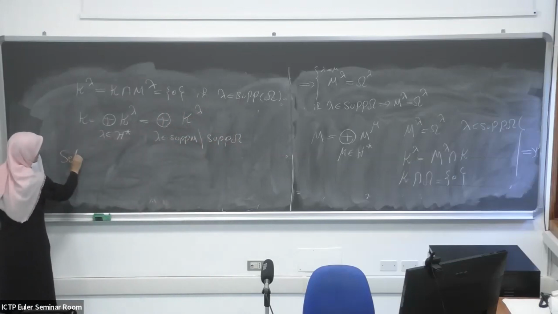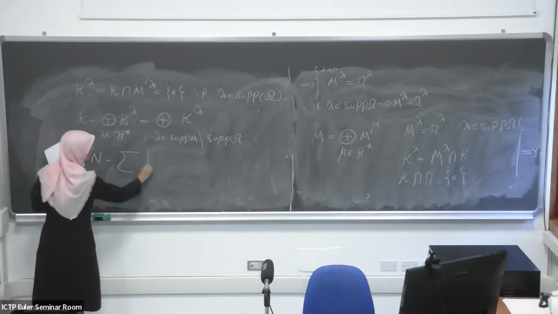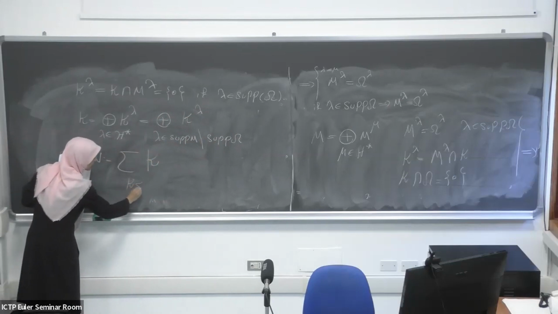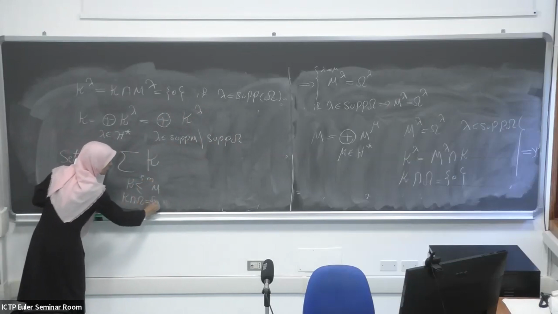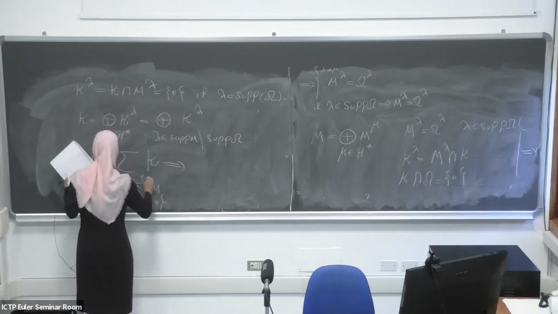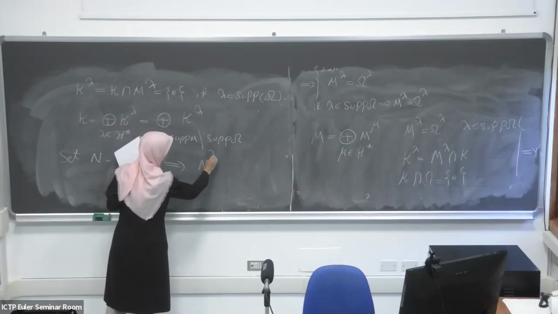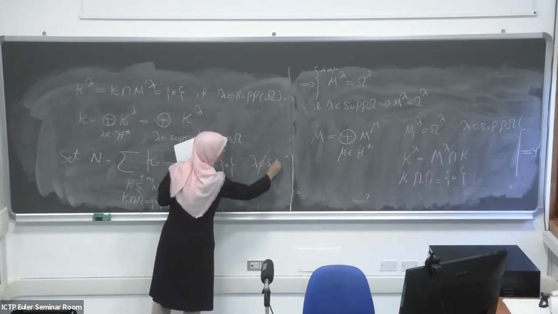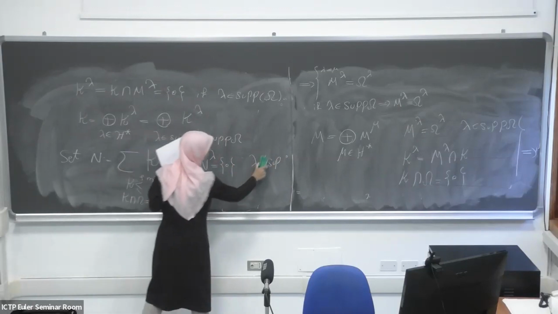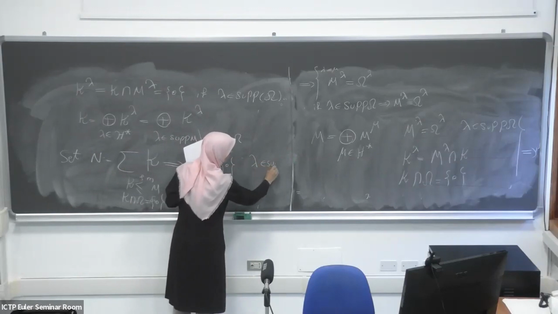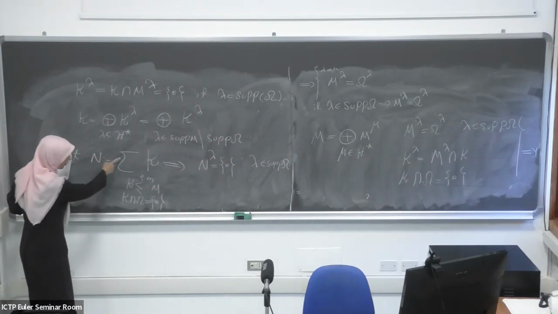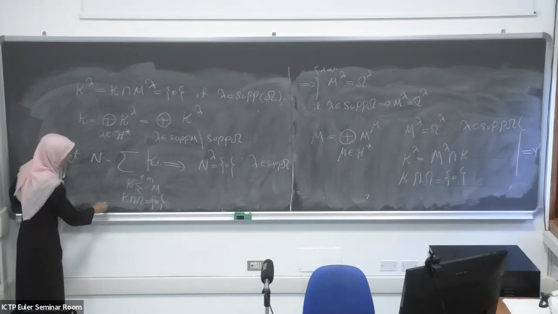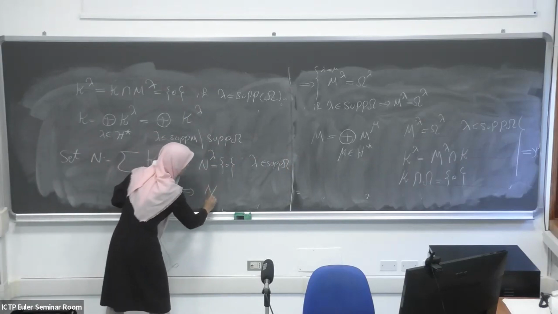So if we set N to be the summation of all K, where K is a submodule of M but K intersection omega is 0, then we get that N lambda equals 0 if lambda is an element of support omega. So it shows that the summation of all submodules like this is again a proper submodule.